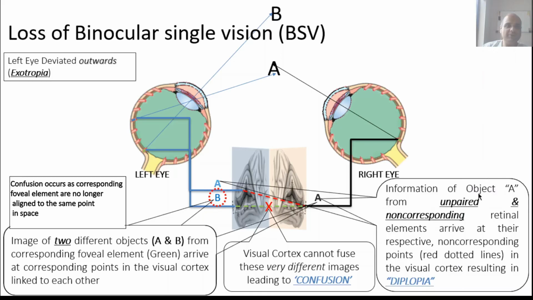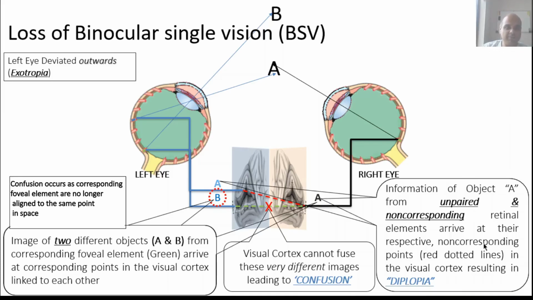So information of object A from unpaired and non-corresponding retinal elements, one this and the other this, arrive at their respective non-corresponding points in the visual cortex. This person is going to see two A's because the information is coming from unpaired, non-corresponding retinal elements.